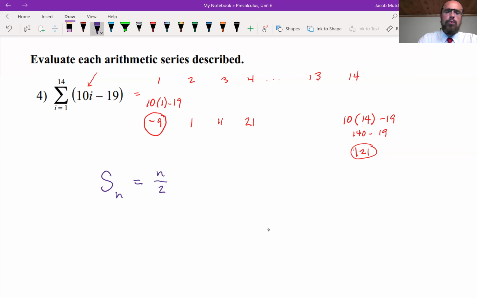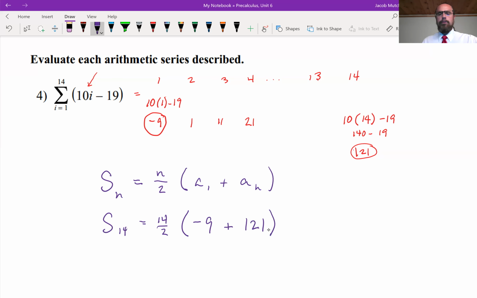S sub n equals n divided by 2 times a sub 1 plus a sub n. And that's what we're calculating here. So again, I'll specify the sum of the first 14 is 14 divided by 2 times the first term, -9, plus the nth term, which is the 14th term, 121.